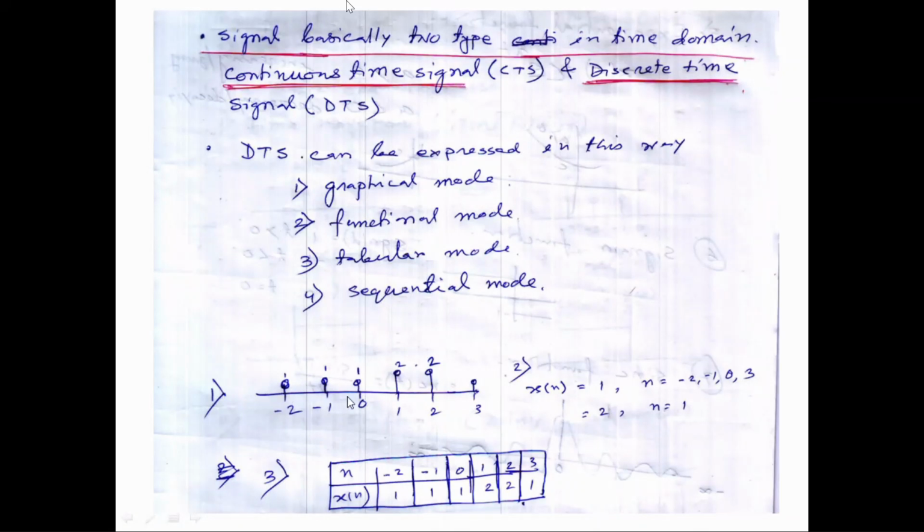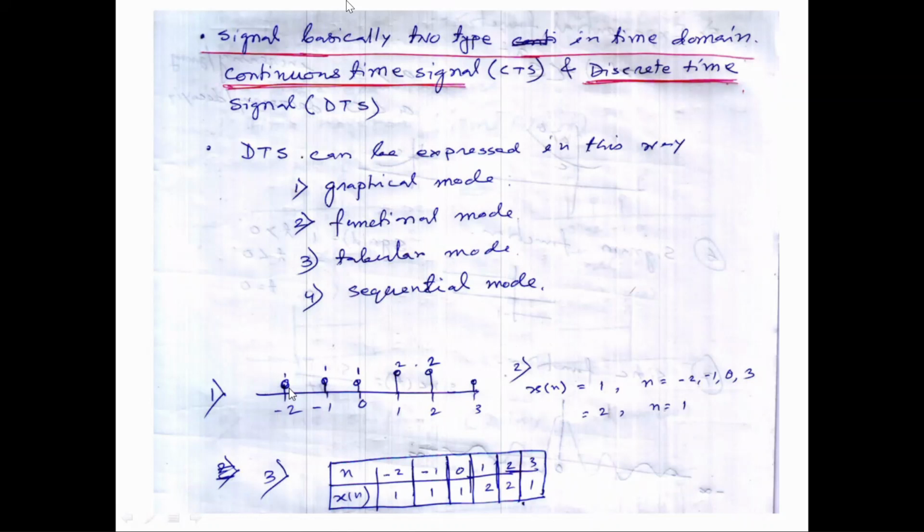Between minus 2 and minus 1, in continuous time there would be a continuous line. Your signal is x(t plus delta t), and the increment of delta t you always get in a continuous time signal.